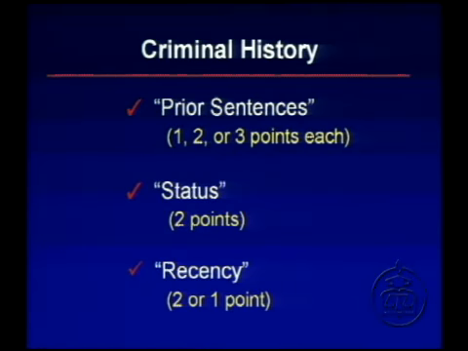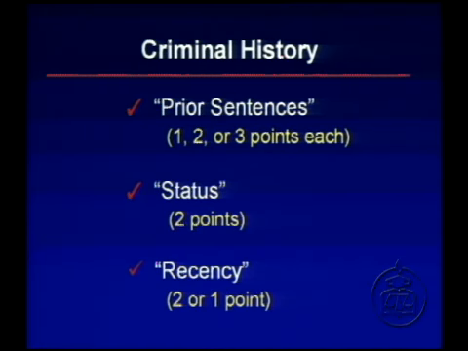Okay, each qualifying prior sentence, as you can see from our next slide, that is, it's countable under the provisions of 4A1.2, is going to receive either 1, 2, or 3 criminal history points. Additionally, there is a 2-point increase at 4A1.1(d) for the defendant's status during the instant offense of conviction. That is, if he or she was under a criminal justice sentence at the time the offense was committed.